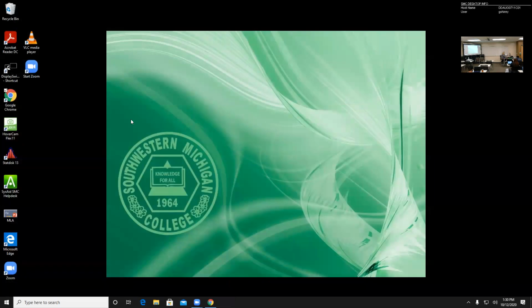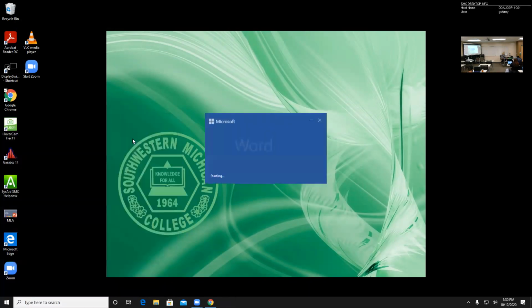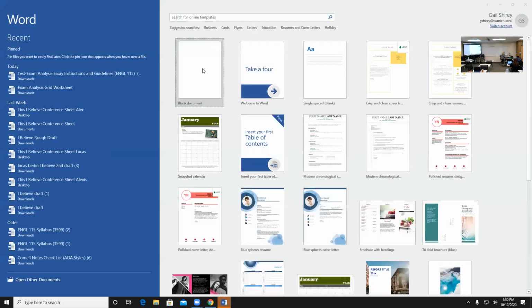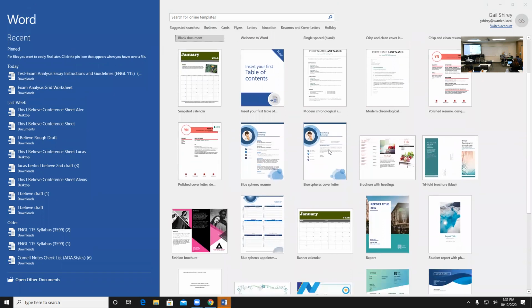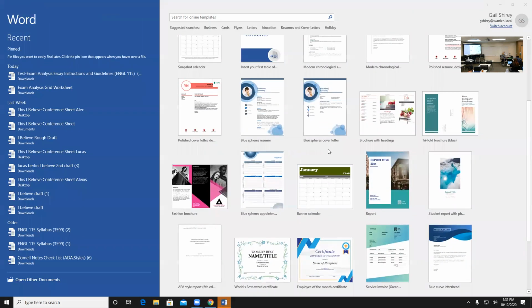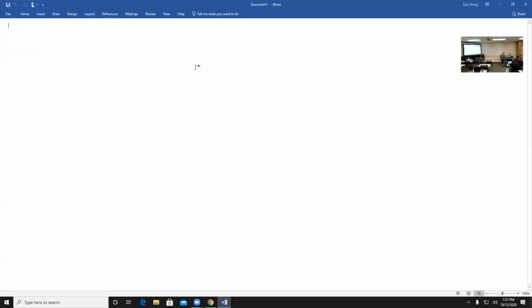I don't want to save my document. Let's go into Microsoft Office Word and see if it pulls it up for me. So I'm not seeing theme. I was just looking here too if they had MLA. I don't see it. A blank document. Okay.